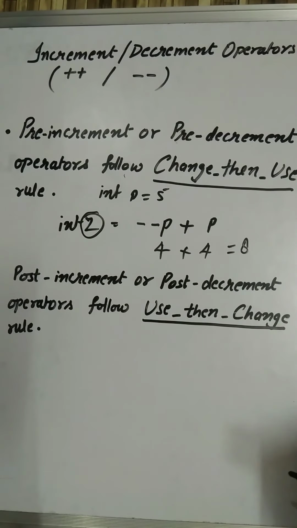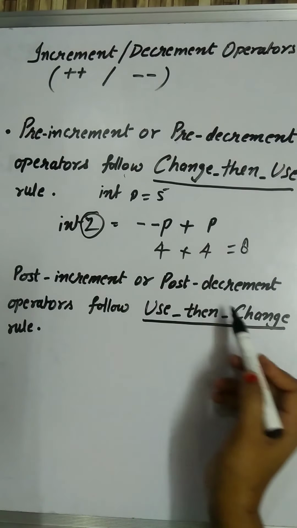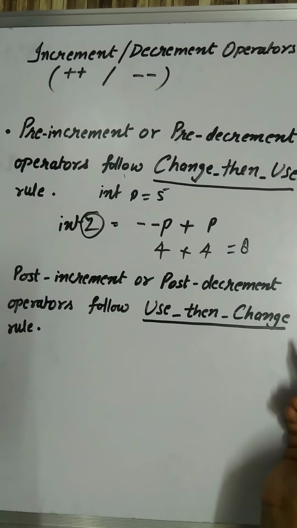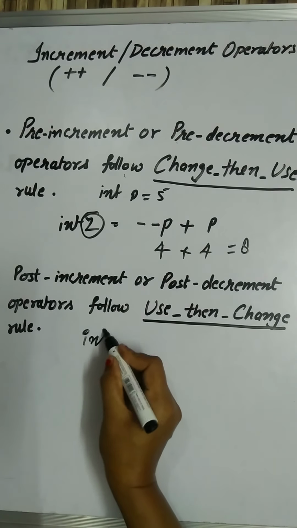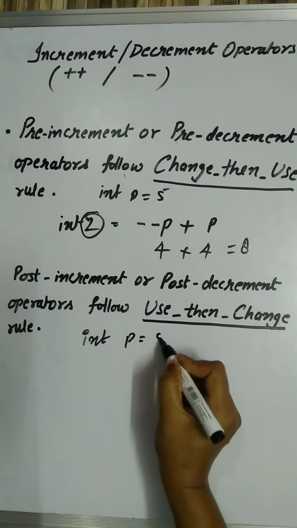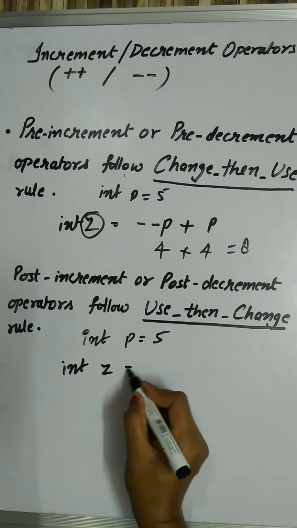Let's see the next one, post-increment or post-decrement. Post-increment means the operator rule is use then change. First of all we use it, then we change. I'm taking the same example here: int p is equal to 5. So what will be the value of z?